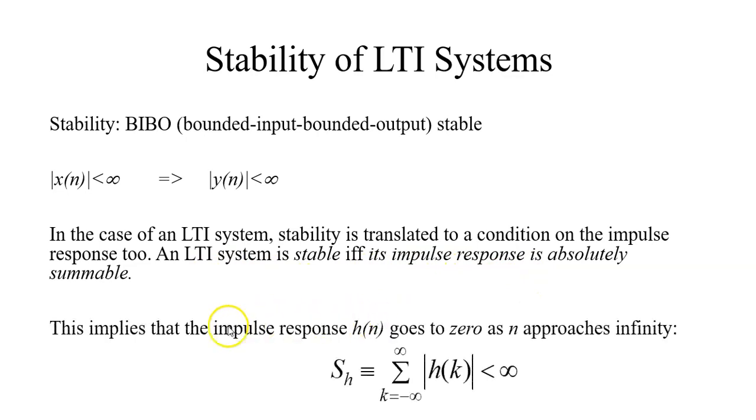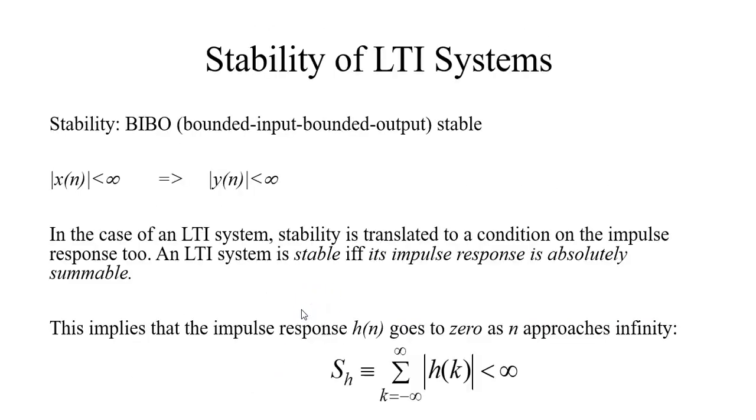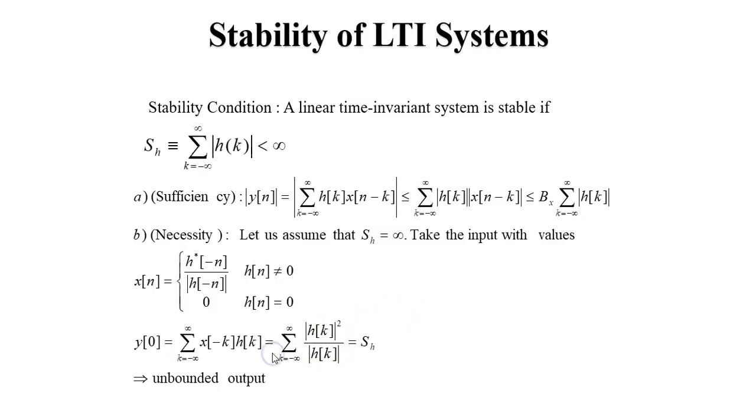And this implies that the impulse response goes to 0 as n approaches infinity, and this is a very important property for the system to be stable. Because if h of n goes to 0 when n goes to infinity, it means the system is stable, otherwise the system will be unstable.